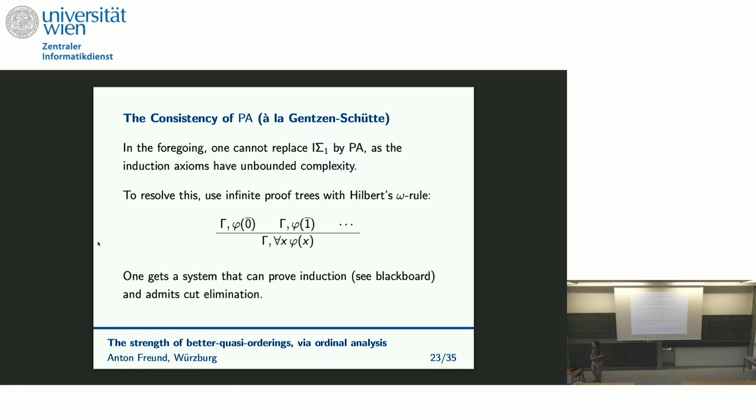So then this issue that I just mentioned, that PA has induction axioms of unbounded complexity, falls away because there are no axioms anymore. You just prove them in this infinitary system. And also this system still admits cut elimination, essentially by the same proof. In fact, things even become a bit simpler because you don't have free variables anymore.